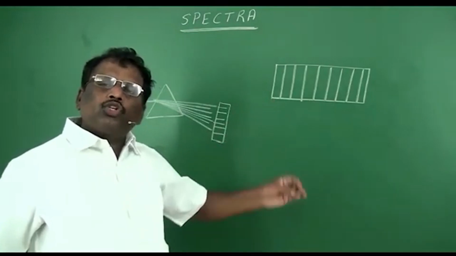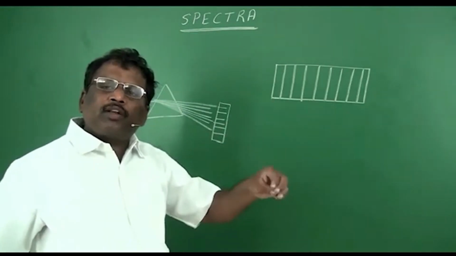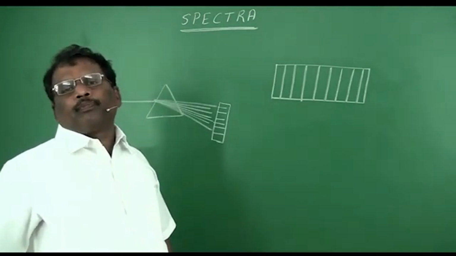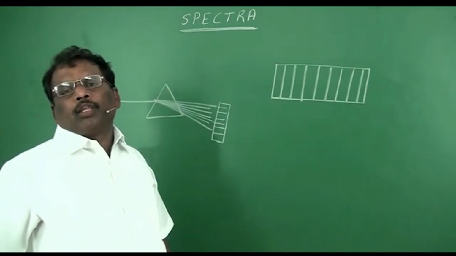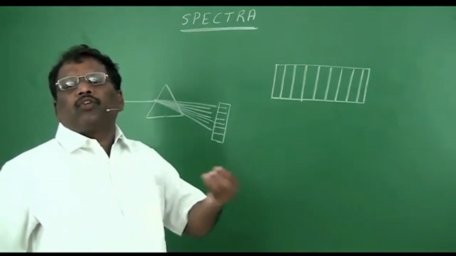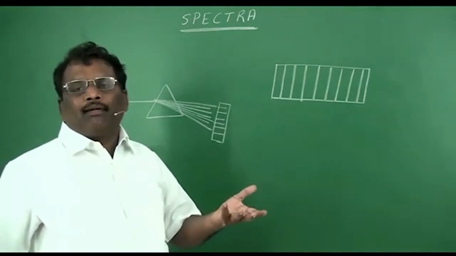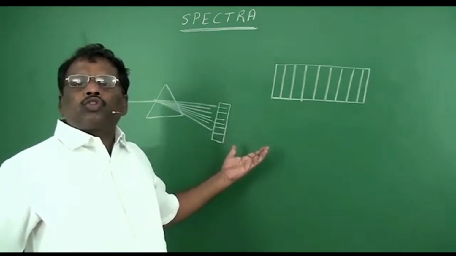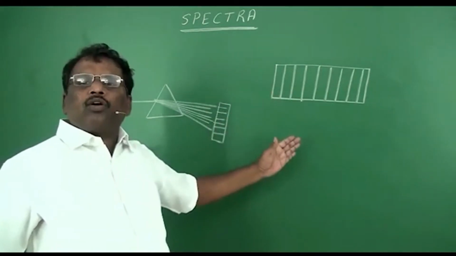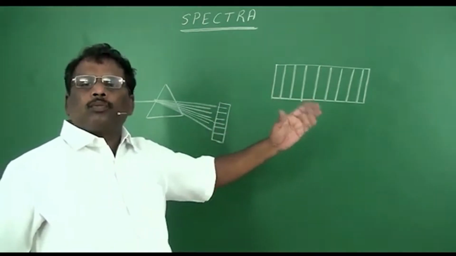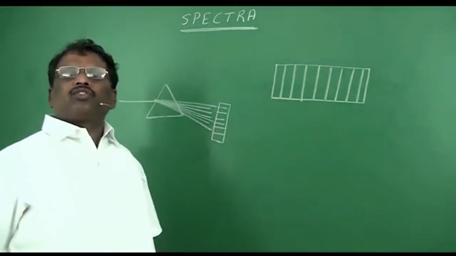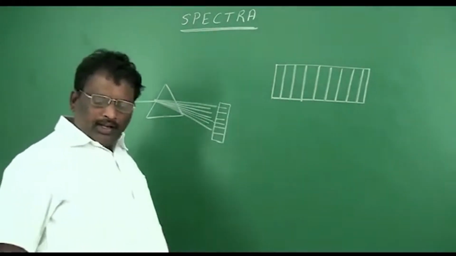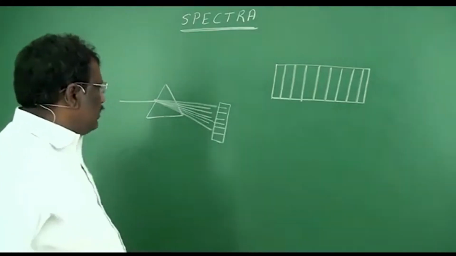The instrument used to record the spectra is said to be a spectroscope, just like the instrument we use to take photographs is said to be a camera.